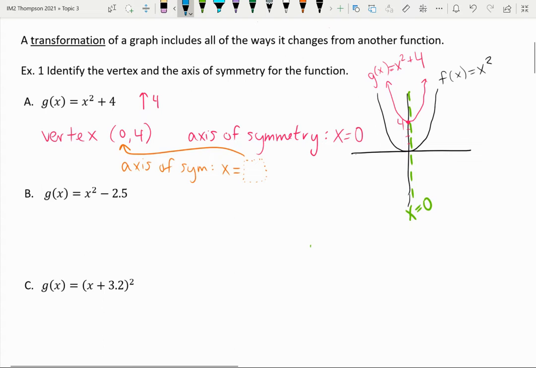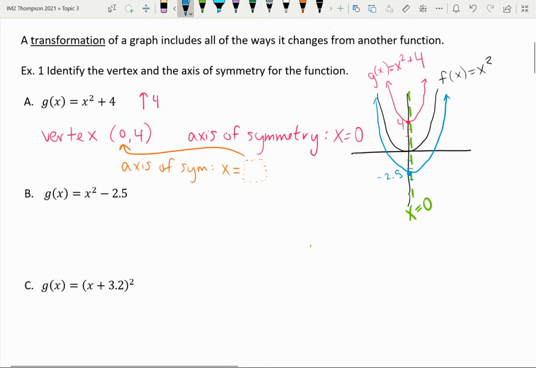So then back when I graphed x squared minus 2.5 in Desmos, we noticed that that moved down 2.5. So that's a negative 2.5. The graph is still oriented the same way.